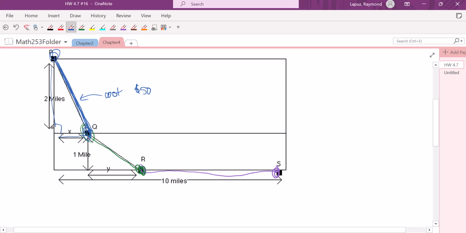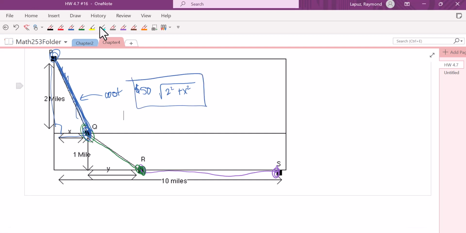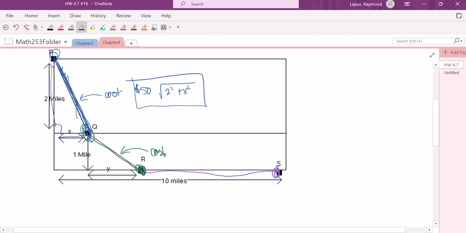Given that we have two sides, 2 and x, the hypotenuse should be the square root of 2 squared plus x squared. So that will be the cost for laying this first part down. Similarly, we will find the cost for laying this second part down to be $42 per mile. And again, the hypotenuse of the triangle would be the square root of 1 plus y squared.